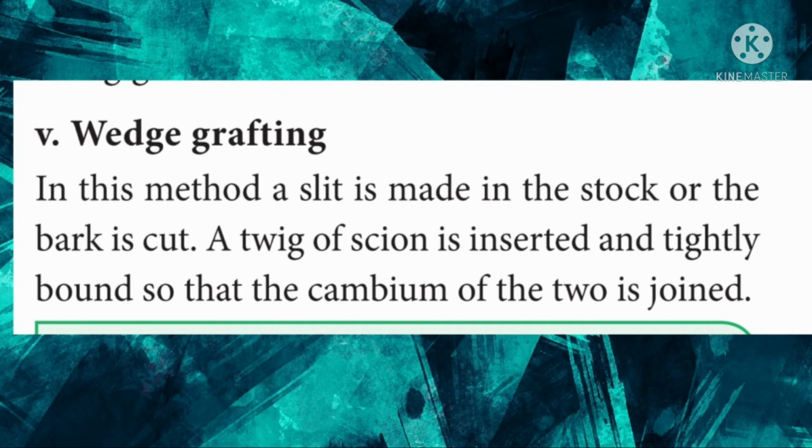Cambium is a special type of tissue responsible for producing the xylem and phloem, and it is present in the bark region. So we make the cut in the stalk and scion at the bark region only, so that the two barks are now mixed together, meaning the cambium of the two segments are joined together, allowing them to grow into a new plant.